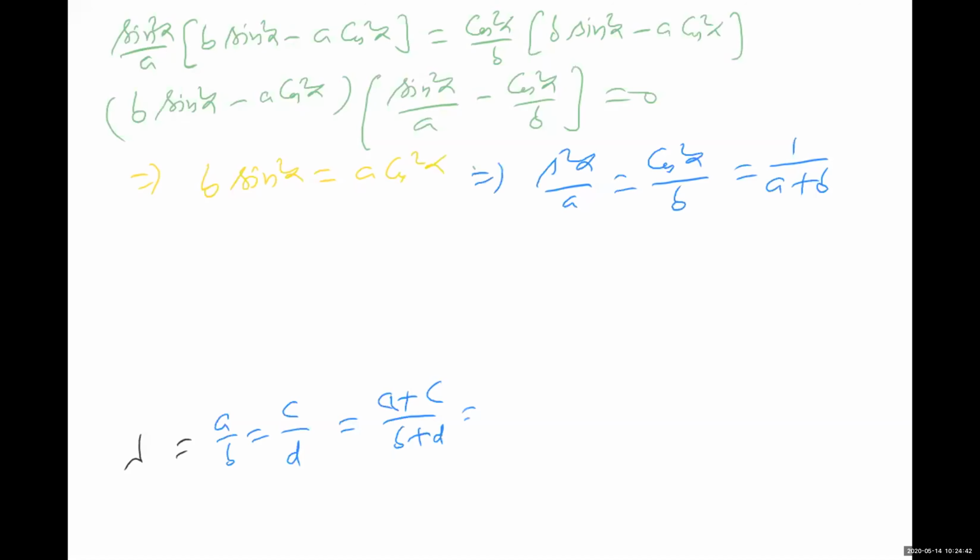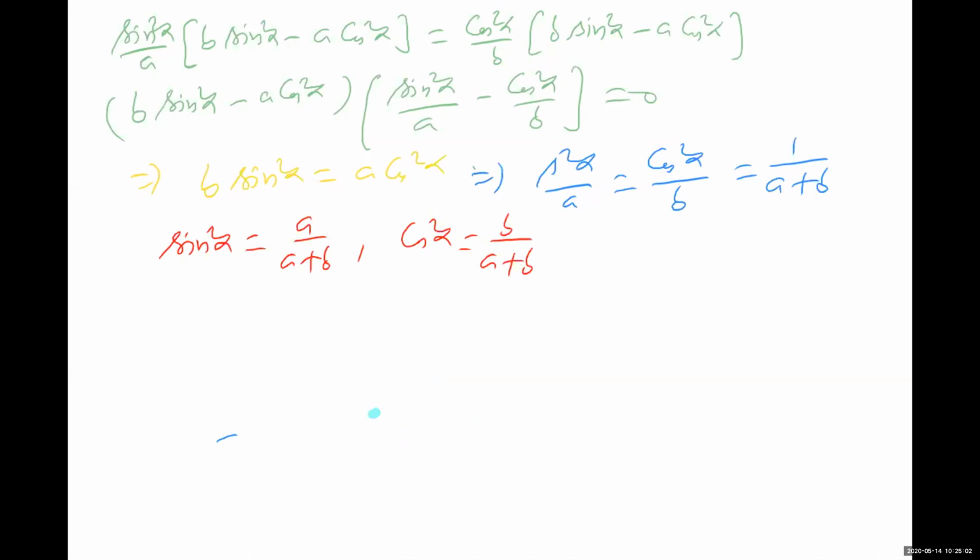So sin square alpha plus cos square alpha is 1 upon a plus b. So from here you can get sin square alpha is equal to a upon a plus b. Cos square alpha is equal to b upon a plus b. Now what we have to prove?